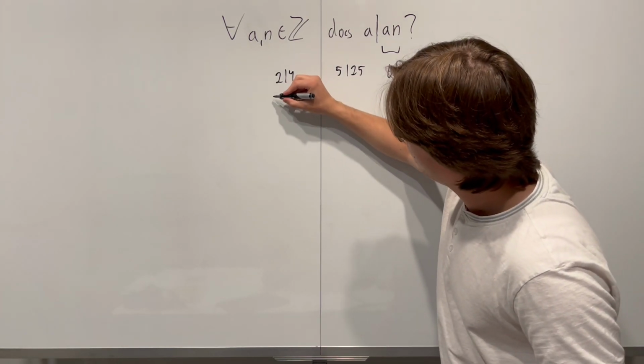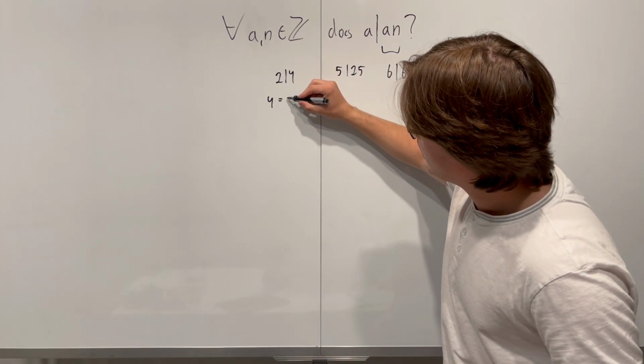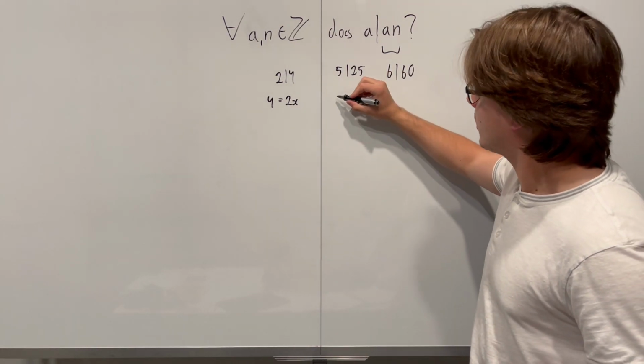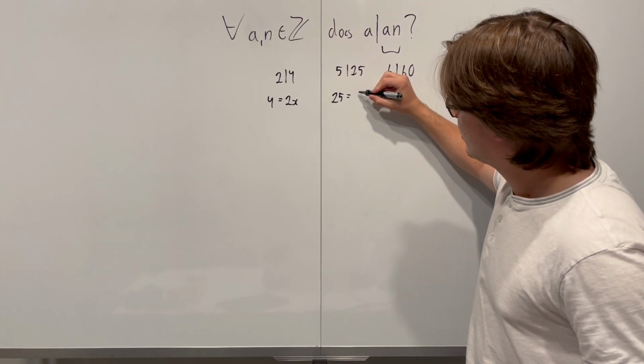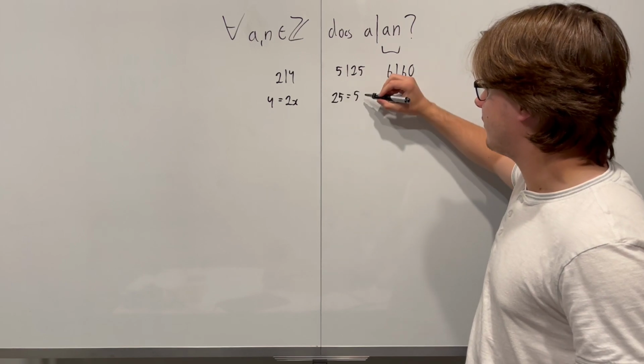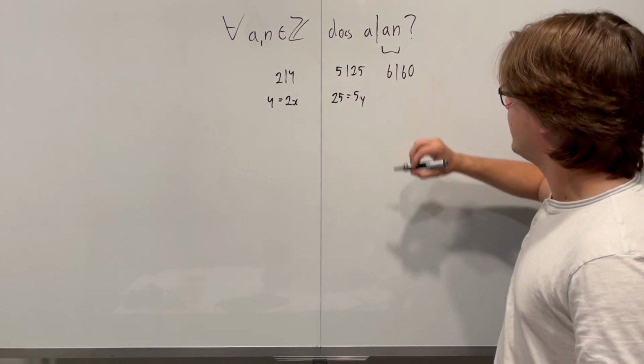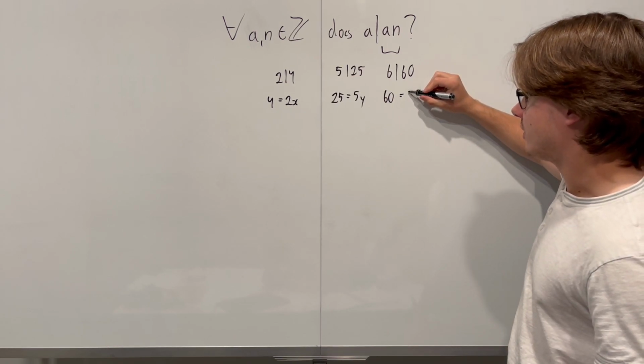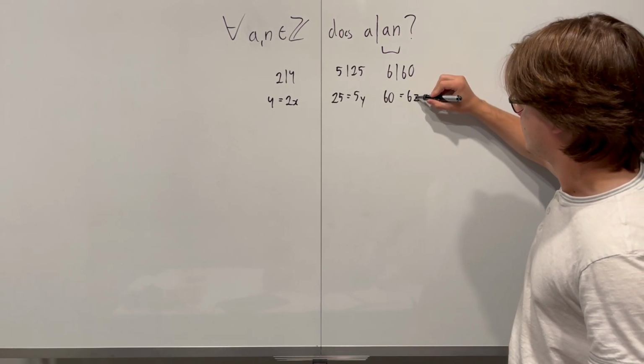So in this case, can 4 be a multiple of 2, or can 4 be 2 times something? Here, can 25 be a multiple of 5, or can 25 be 5 times something? Here, can 60 be a multiple of 6, or can 60 be written as 6 times something?